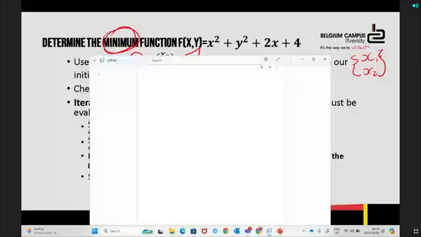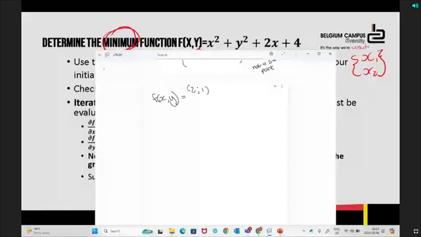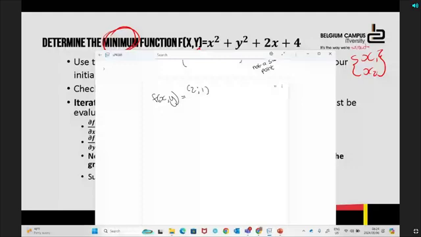Right, so in x squared, you substitute the value of x, which is 2, that's squared, into y squared, I substitute the value of y, then 2 times x plus 4. So if you substitute that, you're literally saying f of 2 and 1. All right, so 2 squared, 4, plus 1, plus 4, plus 4 is 13. So that's our starting value.